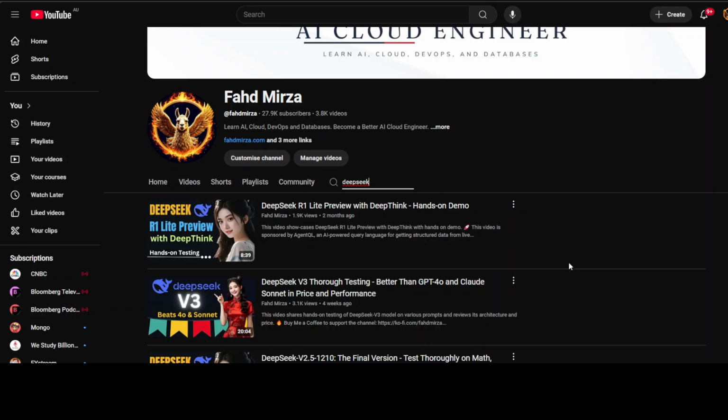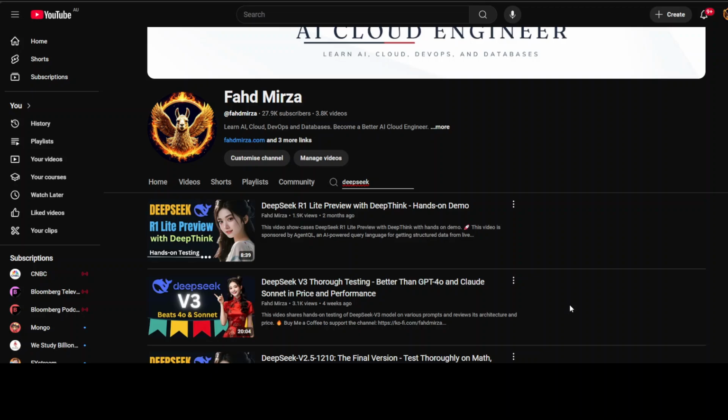So let's first have a very quick review of what DeepSeek version 3, the previous version of this model, was, because I believe that sets the stage for it. So if you check out these videos, especially the second one, DeepSeek V3 was an open LLM that really became famous by beating Llama 3.1 405 billion on various benchmarks.